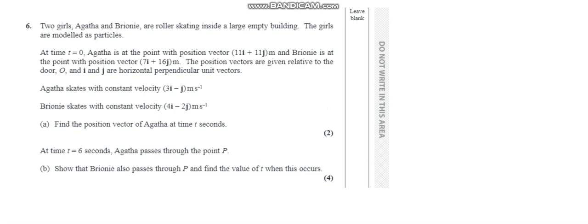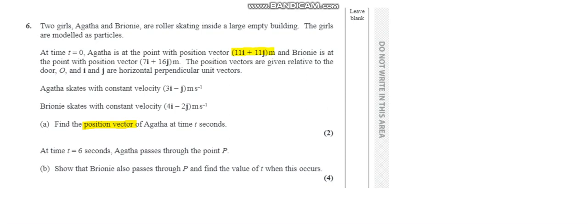They ask us in part A to find the position vector of Agatha at time t seconds. So highlight this question here. What they're asking us is to find the position vector. Some of you will be wondering, the position vector has already been given for Agatha, at the point with position vector 11i plus 11j.